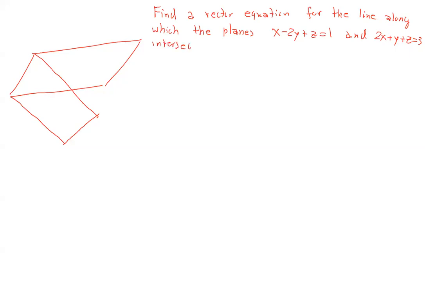Now, you can obviously see that these planes are not parallel, so they have to intersect. Why? Think about it. A normal vector for the first plane is given by (1, -2, 1). A normal vector for the second plane is given by (2, 1, 1). I'm just reading the coefficients of x, y, and z.